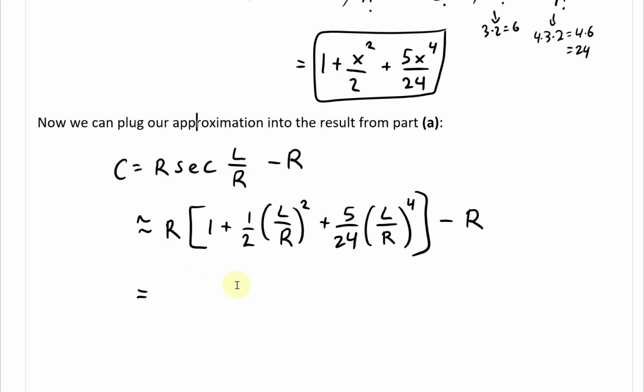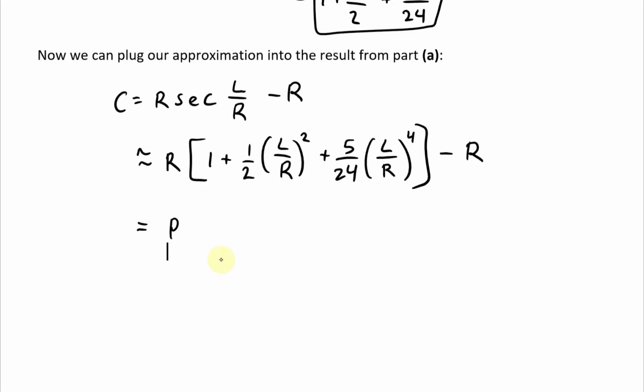Actually, before we get to those, let's expand this as much as we can. It's going to be R multiplied inside, plus 1/2 L squared over R squared, but one of the Rs is going to cancel. For completeness, I'll write R there so that we can cancel out after. Plus 5R over 24 times L to the 4 over R to the 4.